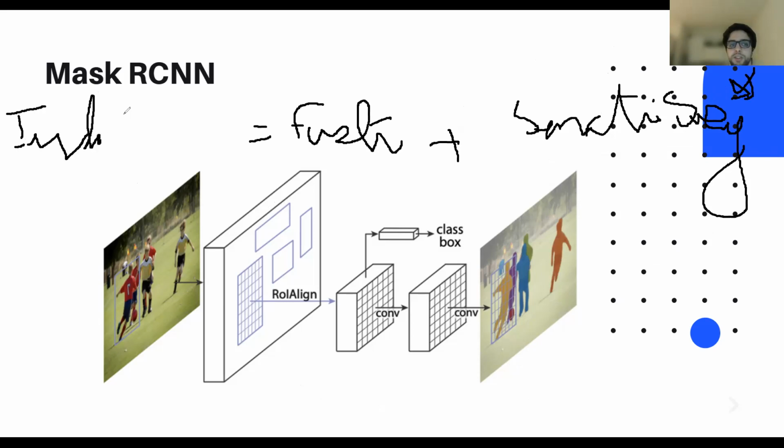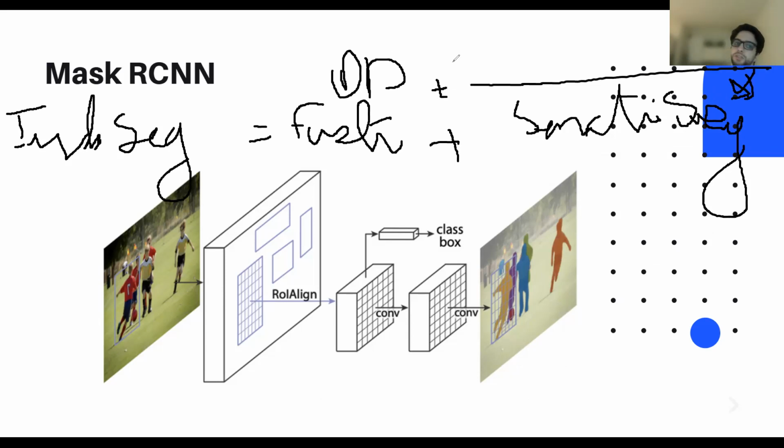Instance segmenter equals object detector plus semantic segmenter. You see? Is the concept of instance segmentation and semantic segmentation more clear now with this formula?